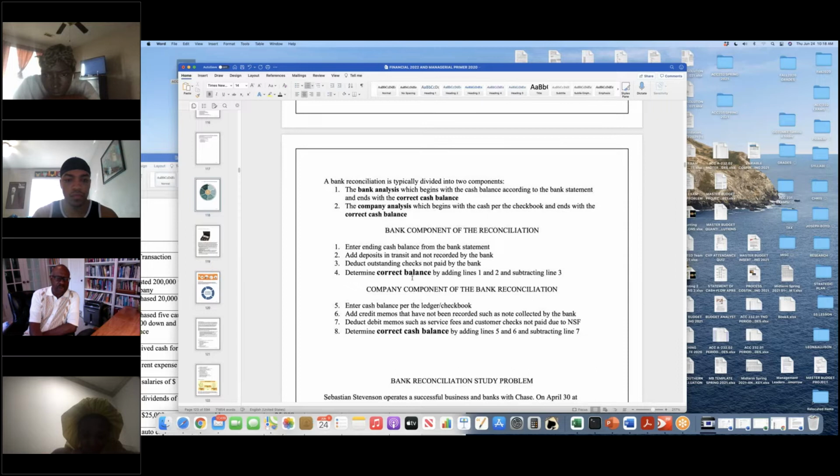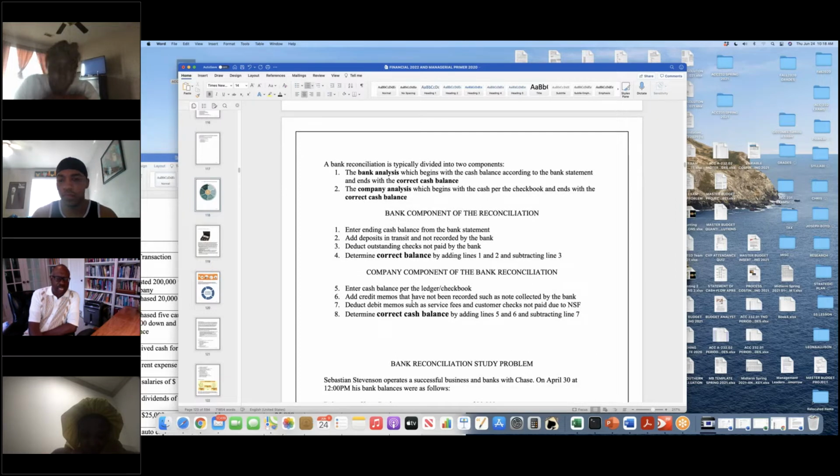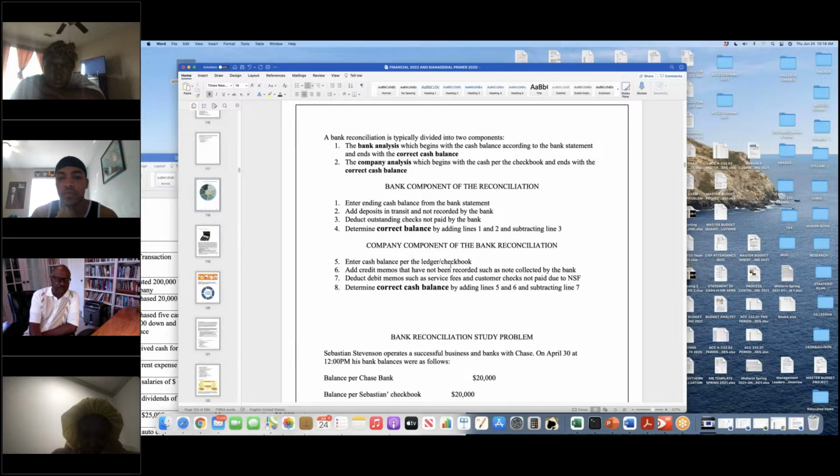On our company's books, we're going to add credit memorandums and deposits made by the bank, and subtract service charges and NSF checks, reduced in our accounts by the bank. And each time we're coming up with a correct balance. What is the correct balance?